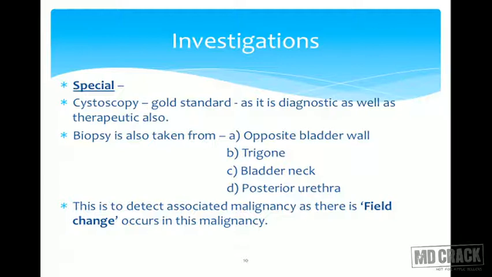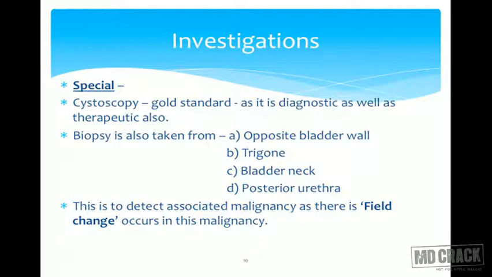Biopsies are taken from the suspicious area as well as from other sites such as the opposite bladder wall, trigone, bladder neck, and posterior urethra. Why do we need to take so many other biopsies besides the area of suspicion? Because there is a phenomenon known as field change that occurs in CA bladder malignancy.